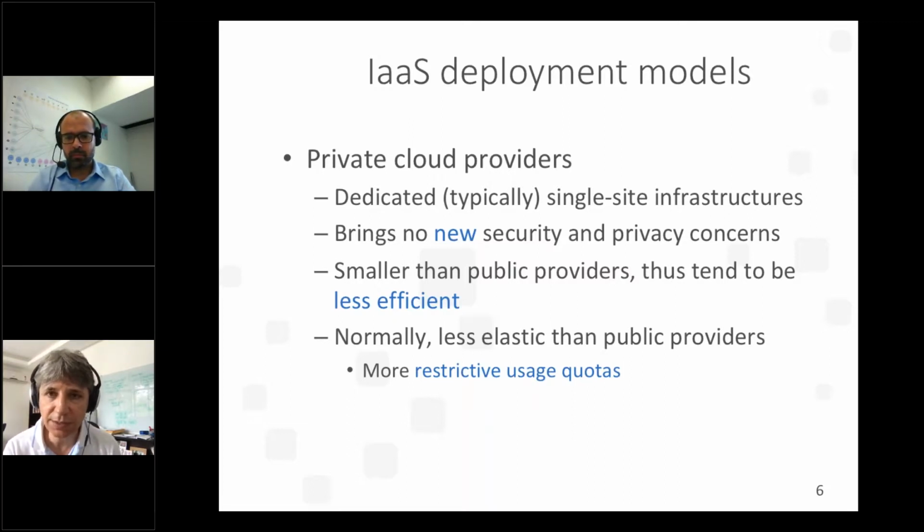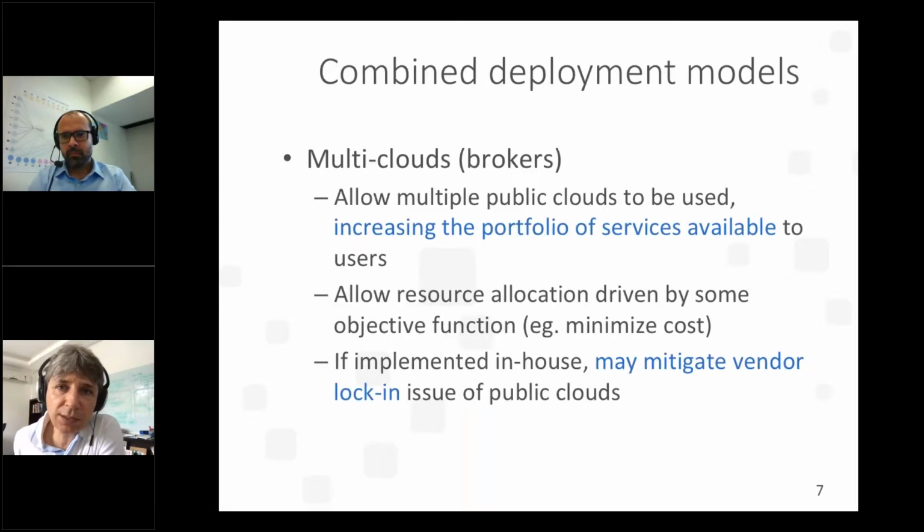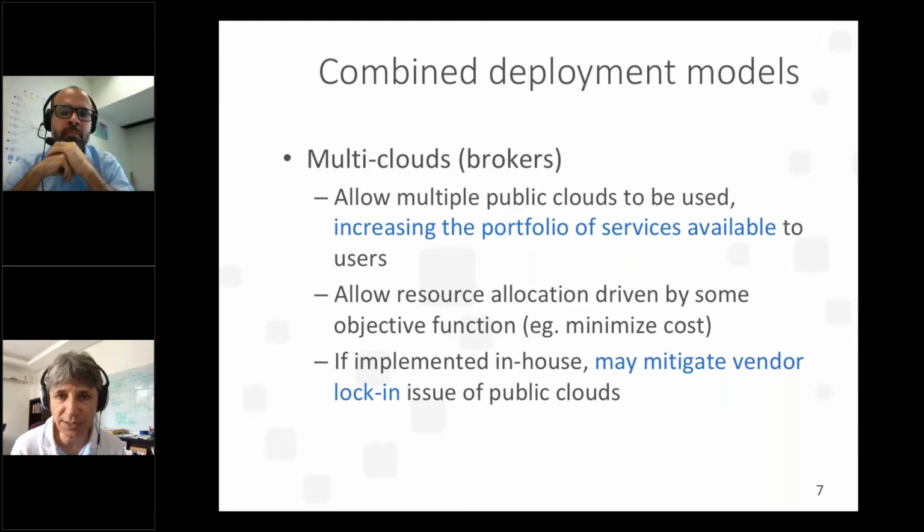Because of the pros and cons of these two deployment models, one thing that's more and more common is a combined deployment model, where you have either multiple public clouds or a mix of public and private clouds. One of the well-known combination models is what's called a multi-cloud or a broker, by which you have a central point of access that allows you to instantiate computing resources in multiple cloud providers.